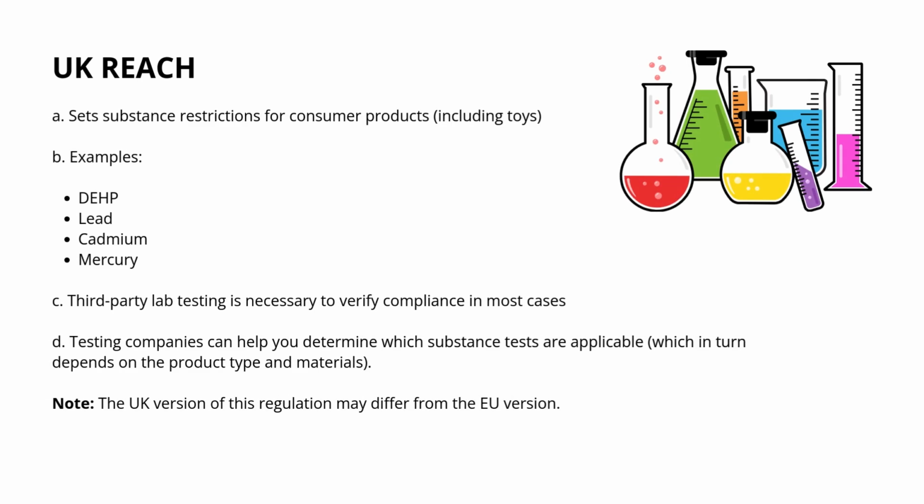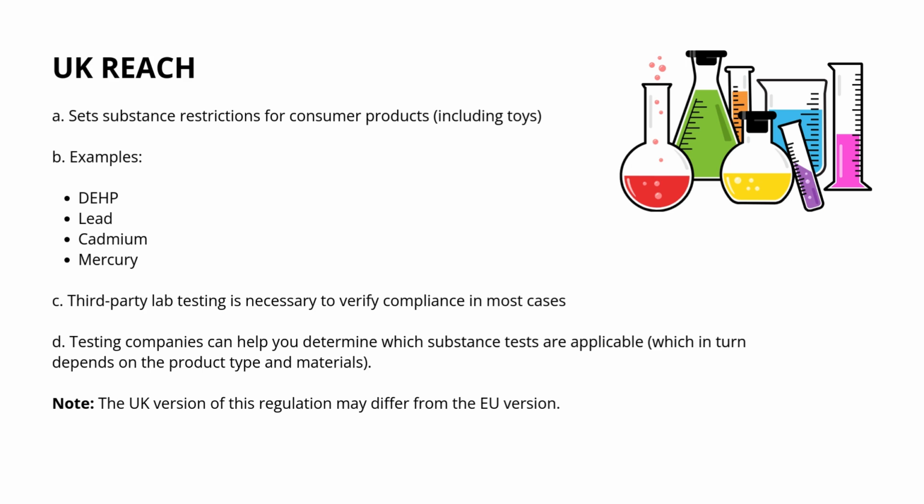The second, we have UK REACH, and UK REACH also applies to broadly all consumer products sold in the UK, including clothing and textile products. And what the UK REACH does is that it sets restrictions on chemicals like phthalates, including DHP, lead, cadmium, mercury, and so on. So essentially, the fabrics or buttons, zippers, and so on cannot contain restricted substances above the set limits.